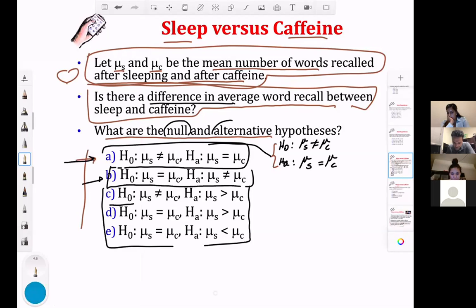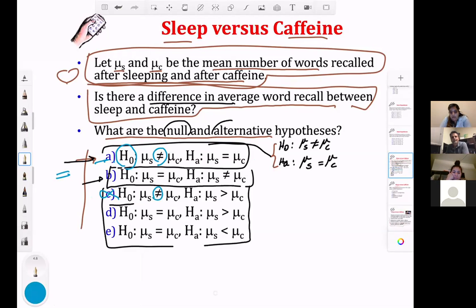You eliminate A because null hypothesis is never going to get inequality. Null hypothesis always gets the equal sign. So A and C, they are out because they have inequality for the null, right?